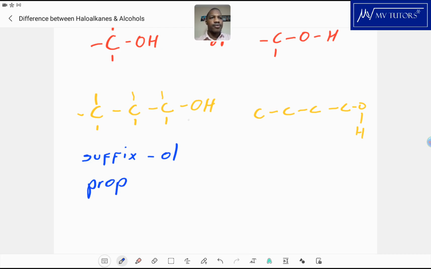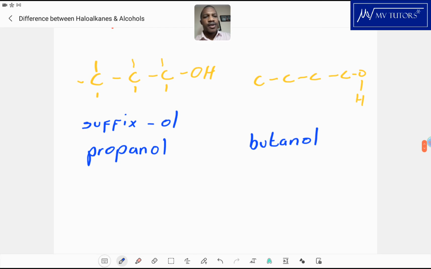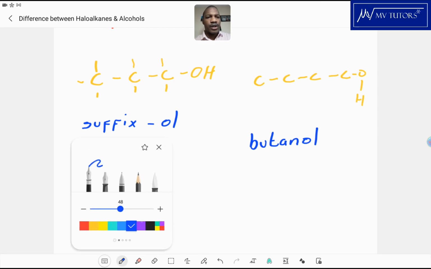So we have propan, and then the suffix ol. Okay, we'll go on to our next lesson to learn about how to properly name these things. But for simplicity's sake, we're just going to do it like this without any numbers. This one, it's 1, 2, 3, 4. 4 is but, so it's butanol. So this is butanol.